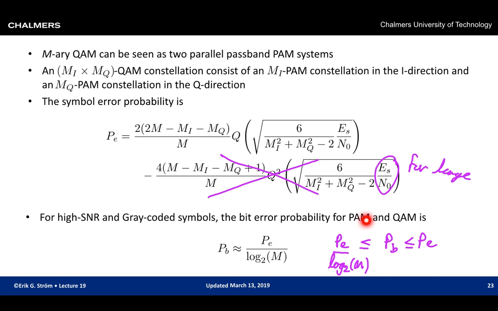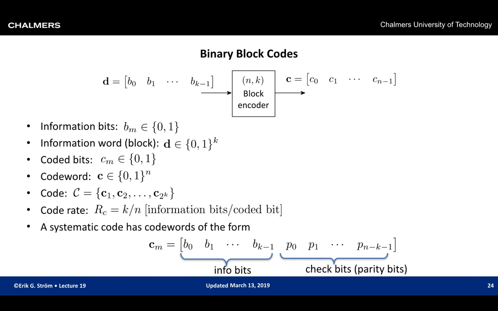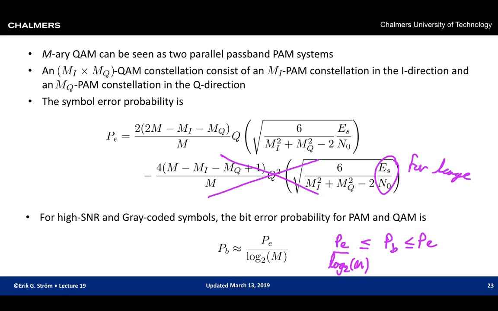For PAM and QAM with Gray coding at high SNR, there is this equation, which basically means that the bit error probability is the smallest it can possibly be. It tends to the lower bound here. Okay, I think that's it for the first 45 minutes. So let's take a 15-minute break.